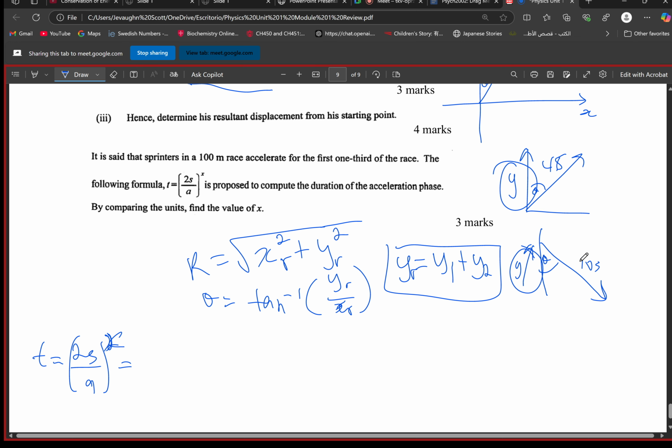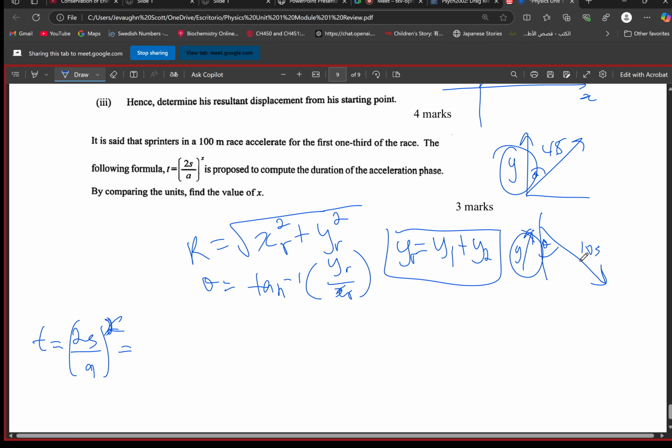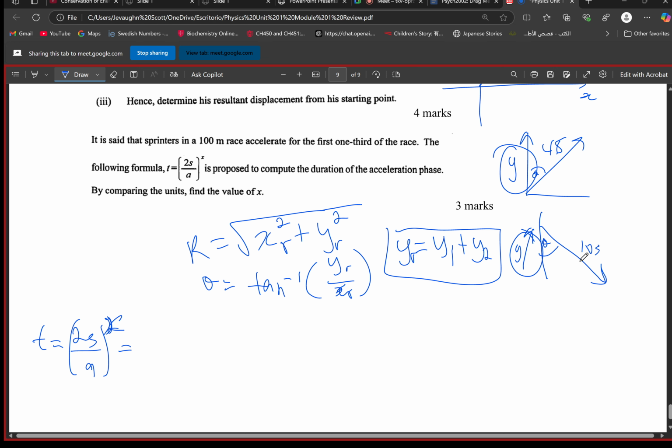So when I started, I looked at a little bit of dimensional analysis. Time t is in a dimension of time, which is equal to L over L divided by t squared, to the power of x. The 2 is a constant, so we don't care about the constant specifically.